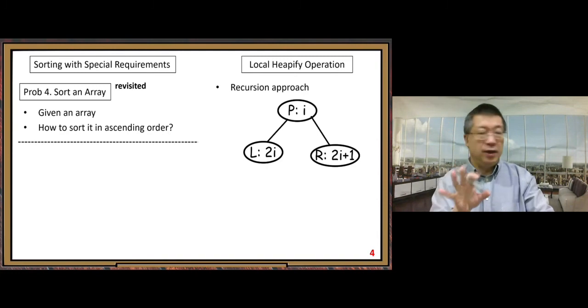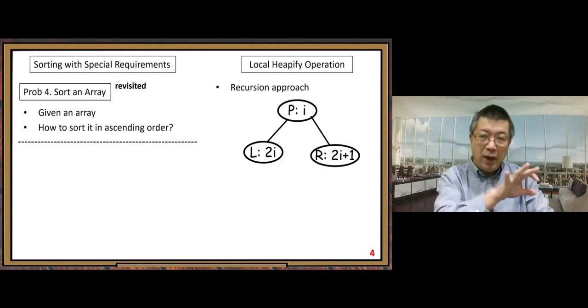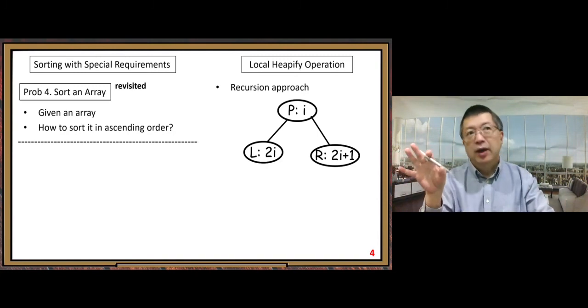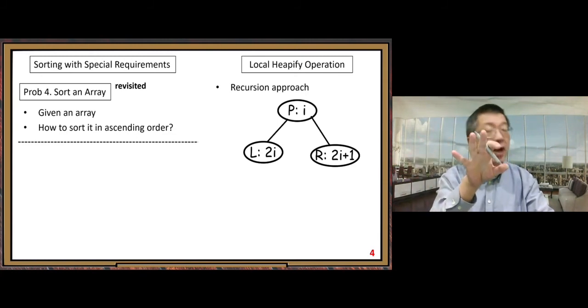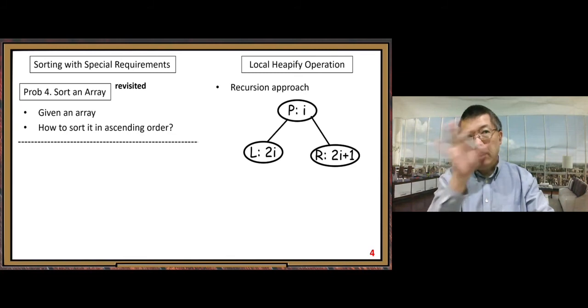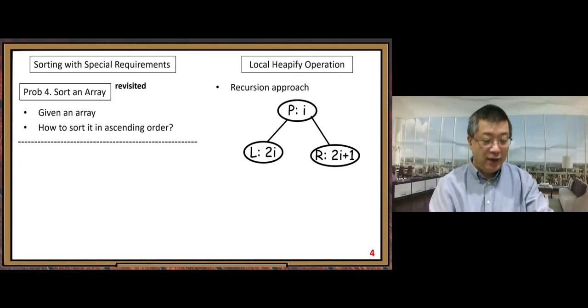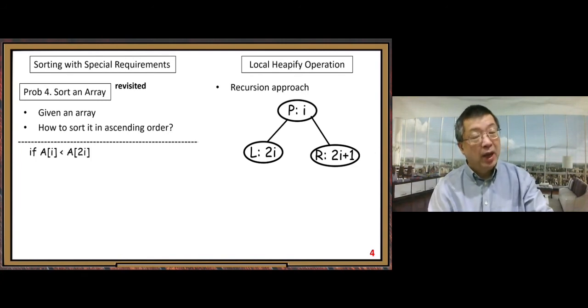In the current iteration, parent, left, right, we check the max heap property. We do the appropriate swap, then after that, recursion. Okay. All right. So let's start now.